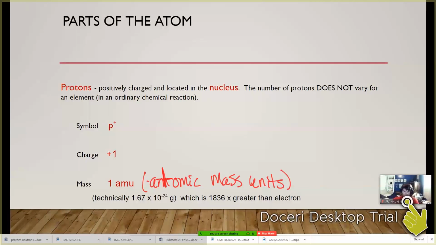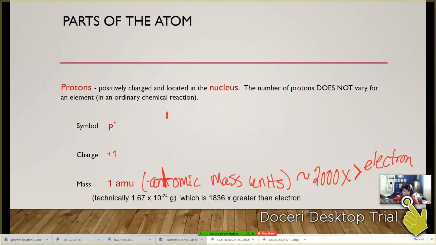You can see it's very, very small, 1.67 times 10 to the negative 24 grams. But even though it's that small, it's still about 2,000 times larger than the electron. So proton and neutron are about equal to each other in size and mass, but they're much, much larger than the electron.